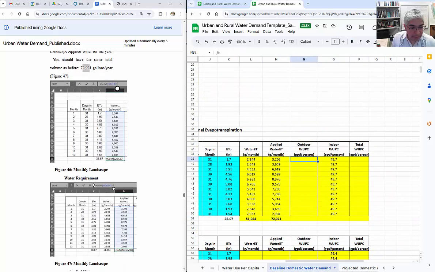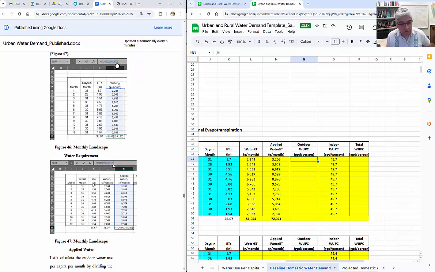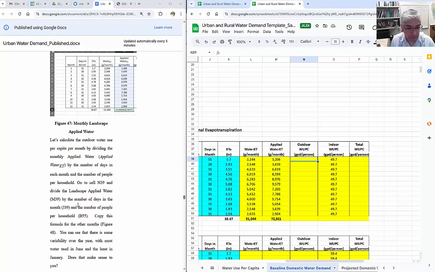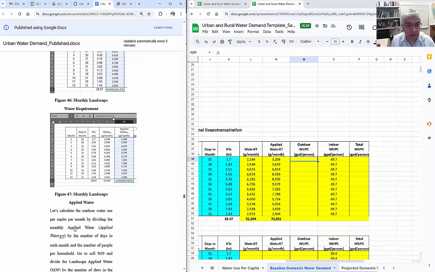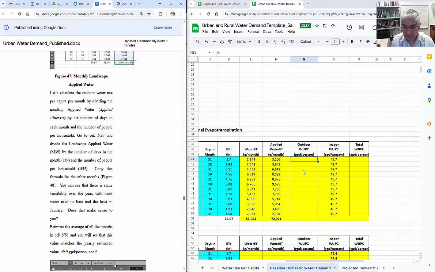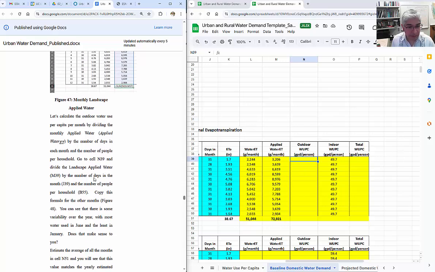The outdoor water use per capita is divided by the number of people, right? And also by the number of days. So to calculate the water, this is per month. Let me go back here.